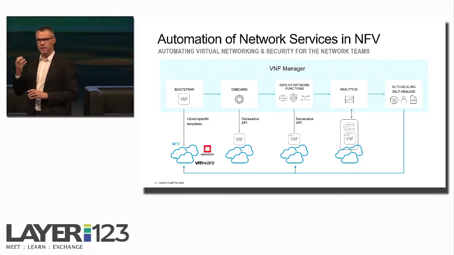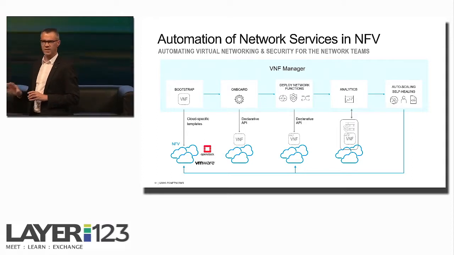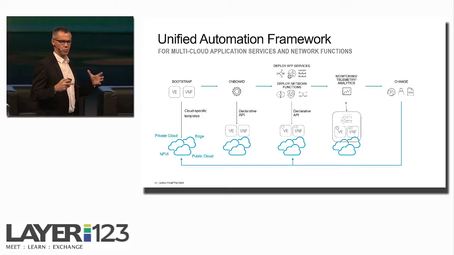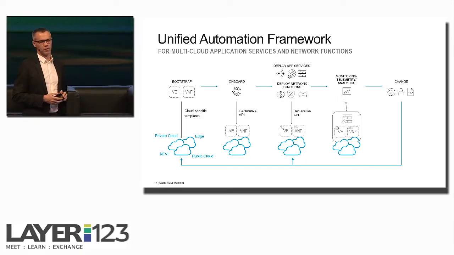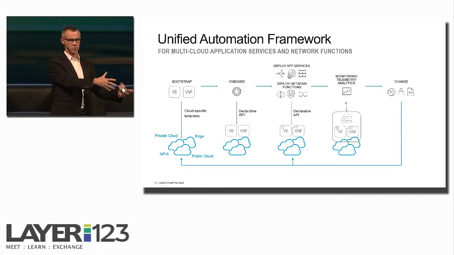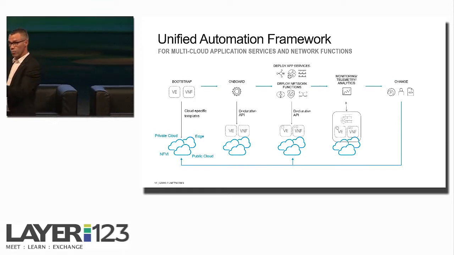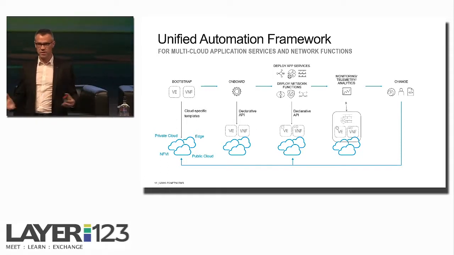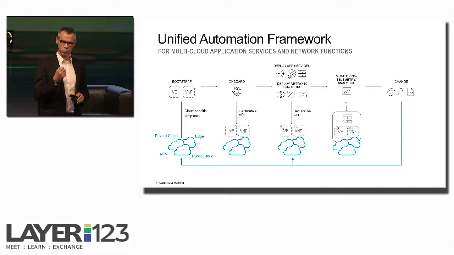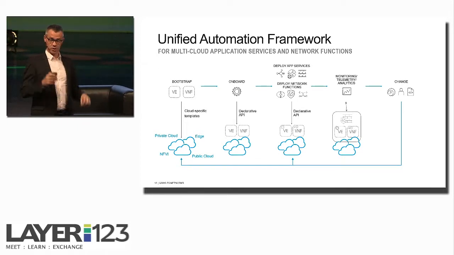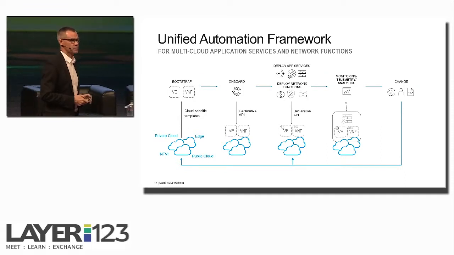But you can see that conceptually, we're doing the exact same thing here. And that brings me to what we would call a unified automation framework, right? Where regardless of whether you have application services for your application, network functions for your NFV environment, you use the exact same methodology and the exact same tools and APIs to deliver these capabilities in a secure and a fast way.